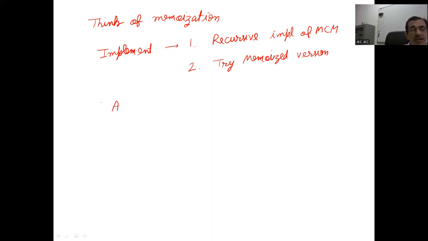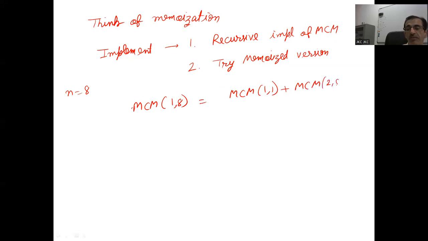Let's say if I have n equal to 8. So I say A1 to 8 is to be multiplied. So it has many possibilities. For example, A1 to A5. Effectively, if I'm talking of multiplication to be done using MCM for 1 to 8, my MCM of 1 to 8 is equivalent to saying MCM of 1, 1 plus MCM of 2, 8.